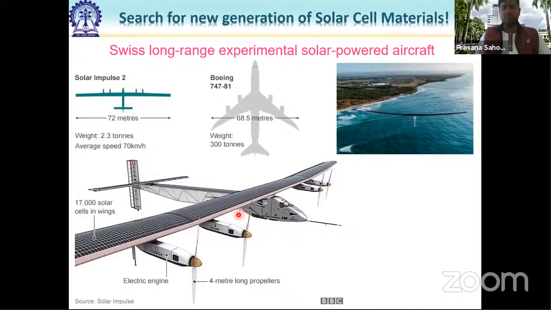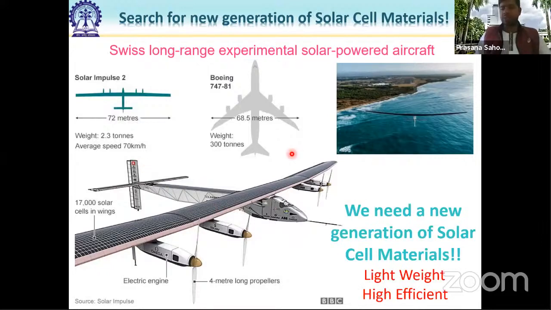But the major drawback is that present solar cell based systems have some mass, and the overall weight reduces the performance of this kind of system. So in that context, we also need a new generation of solar cell materials that can be lightweight, and at the same time have high efficiency, so that we can achieve the above said objectives.